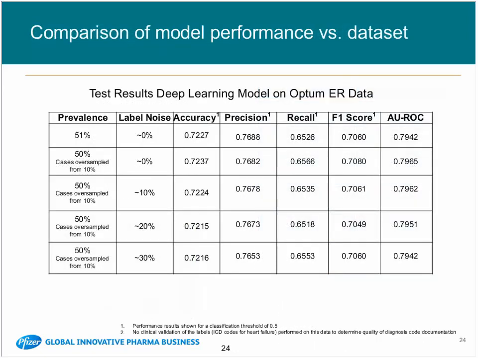Let's just concentrate on the area under the curve. When the prevalence is about 50%, meaning that the cases and controls are very similar, the area under the curve was about 79%.